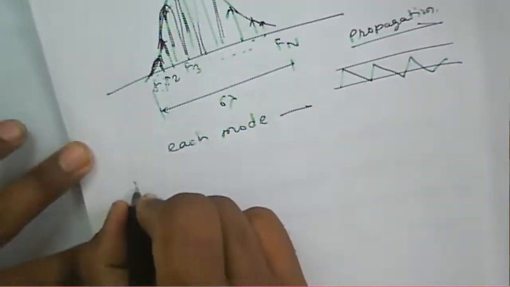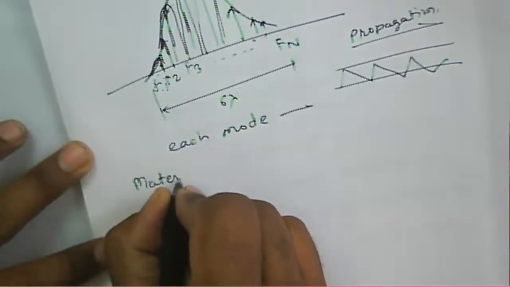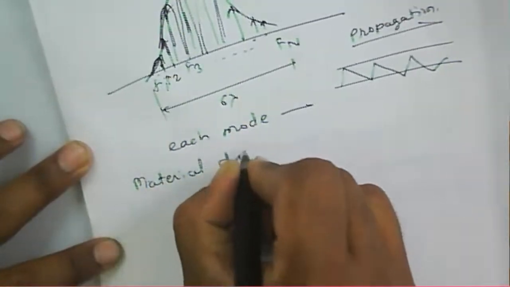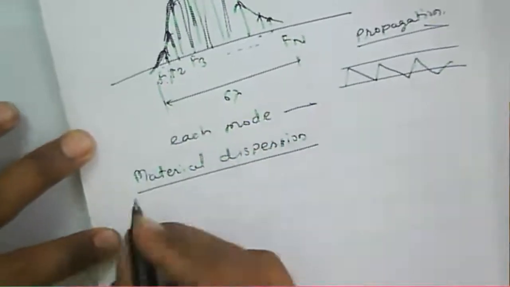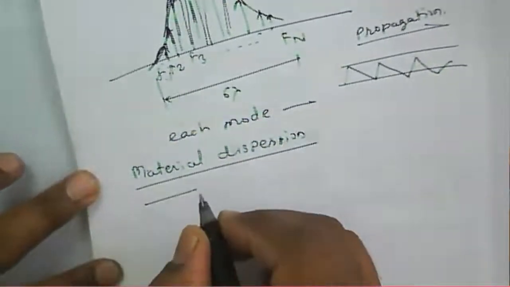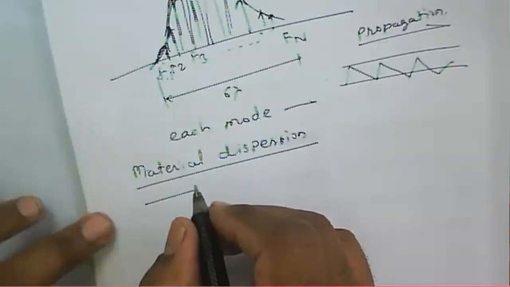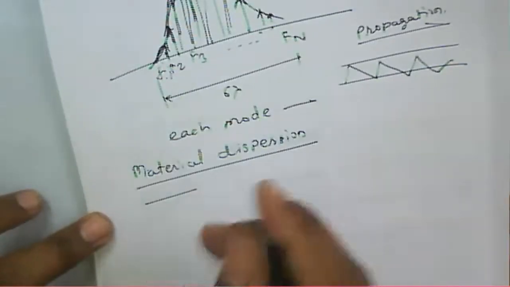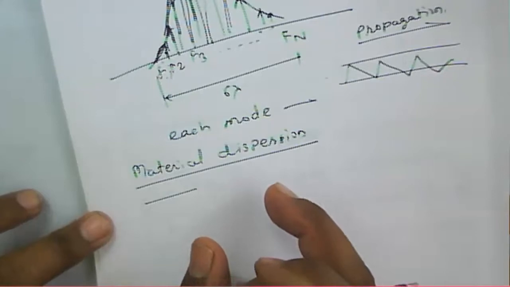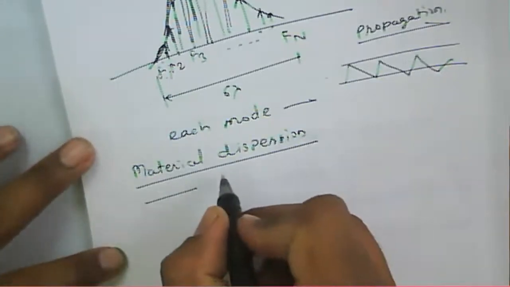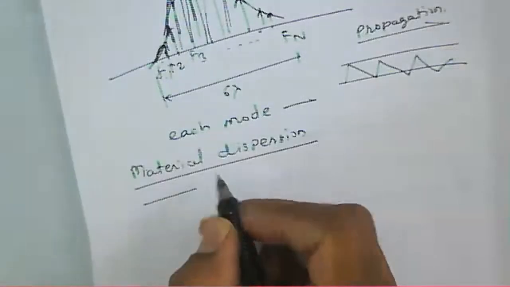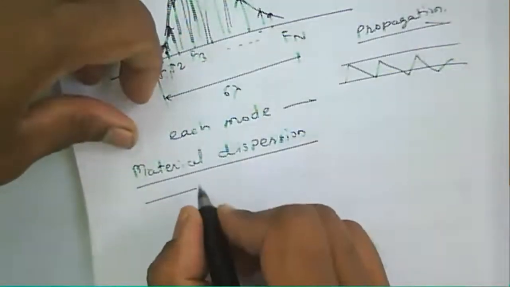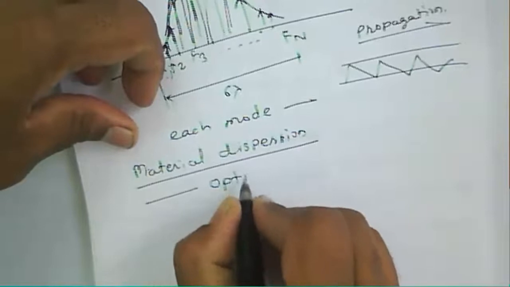So in the case of material dispersion, we can say there is pulse broadening due to the material dispersion because of the various spectral components. Various spectral components of what?